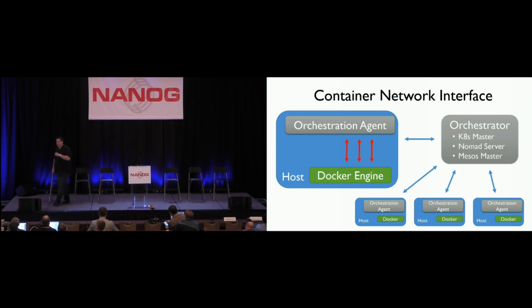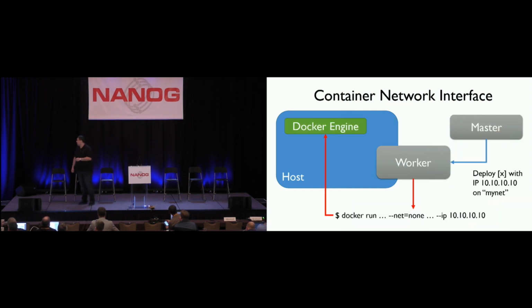The drawback to that is that you have to populate the network definition on every host that you deploy that thing. So each agent has to carry that pair of network definitions. So when the master says deploy a container with IP 10.10.10 on my network, what it has to do is say Docker run and set the networking to none.